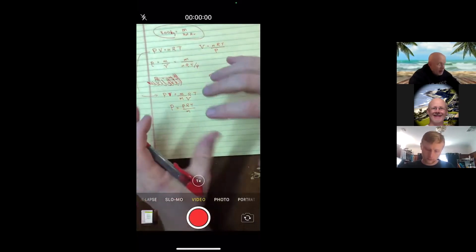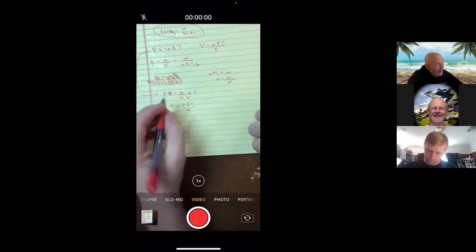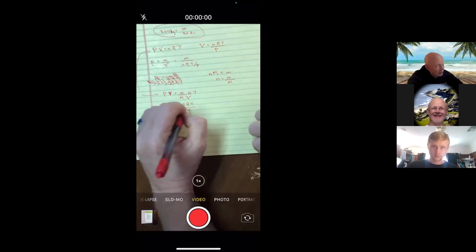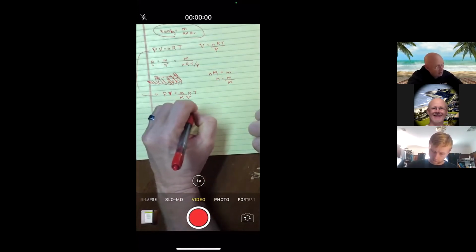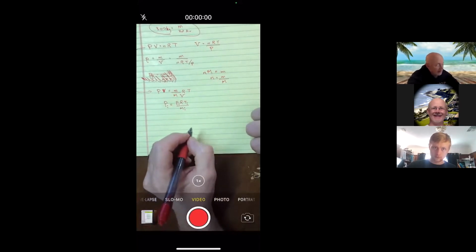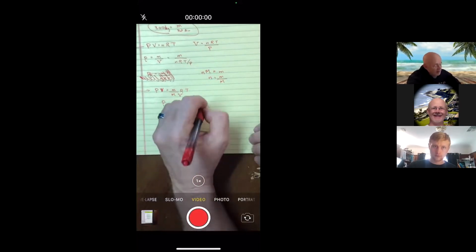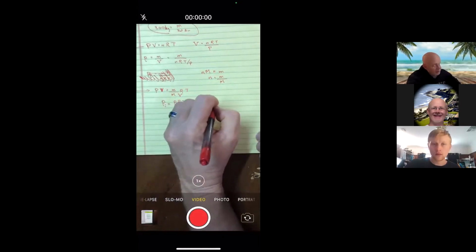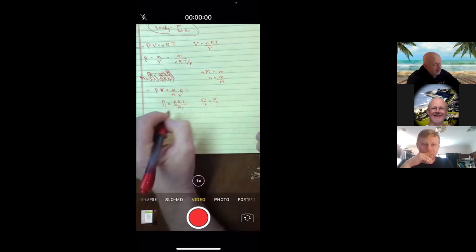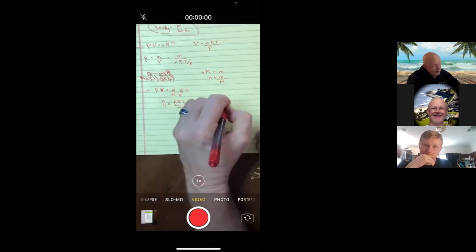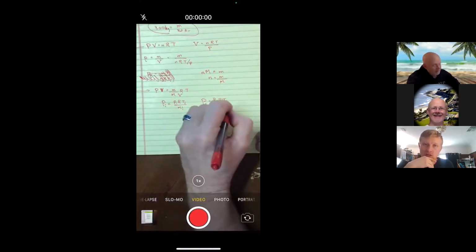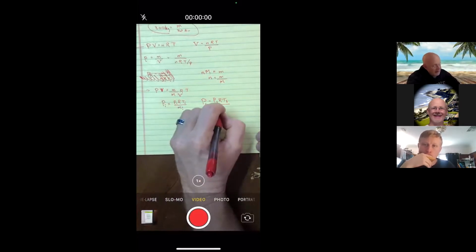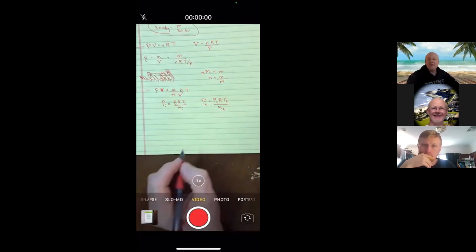Now, here's why I wanted to do that. If I label these as initial, initial, initial, initial, the same would be true at final. So final pressure would be equal to final density times R times final temperature divided by the molar mass.